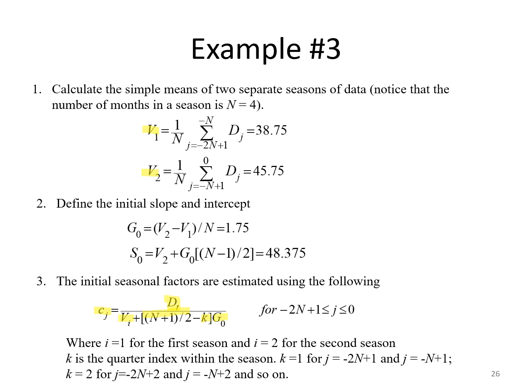Now, as you noticed, we have an additional index K used in addition to the index I. Index I equals 1 for the first season and equals 2 for the second season.